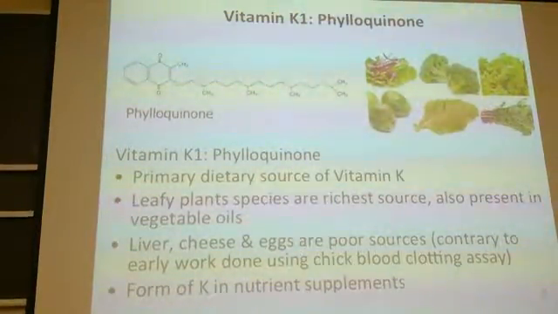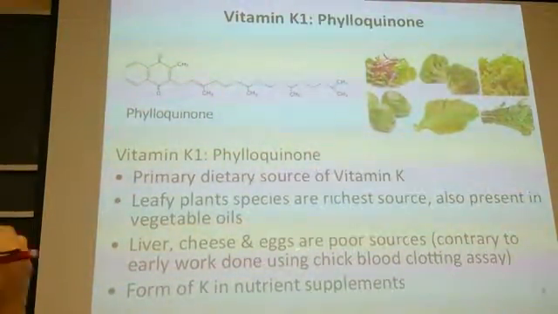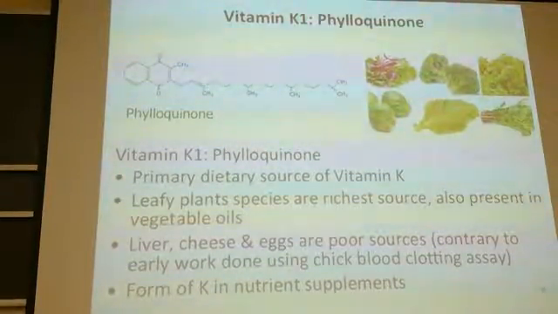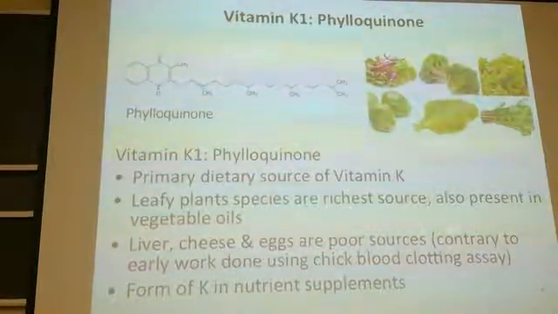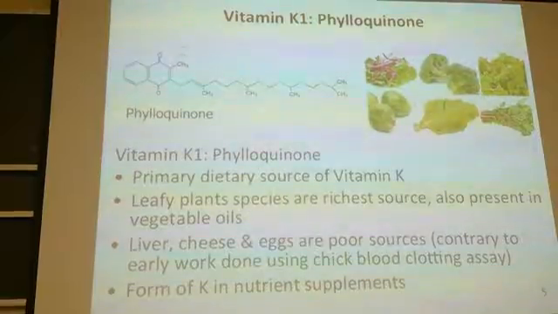There is vitamin K in liver, cheese, and eggs, and his original study showed that you can rescue the chickens' coagulation defects by feeding them liver, but these are pretty poor sources of vitamin K. So our biggest sources are leafy plant species and vegetable oils.